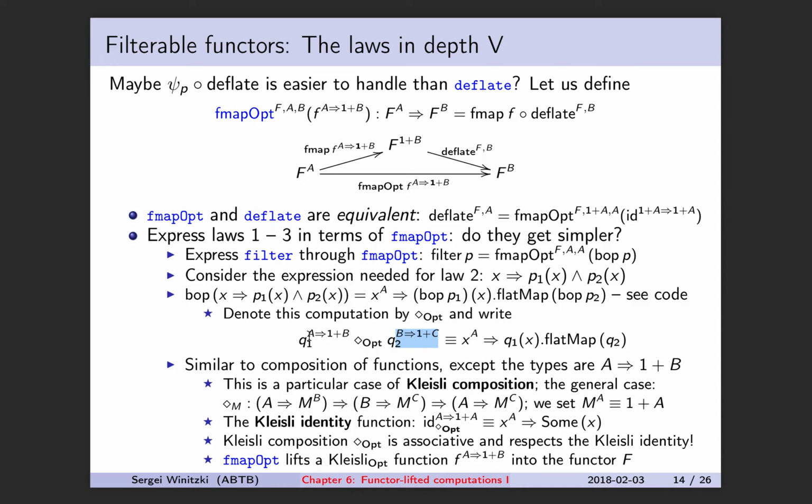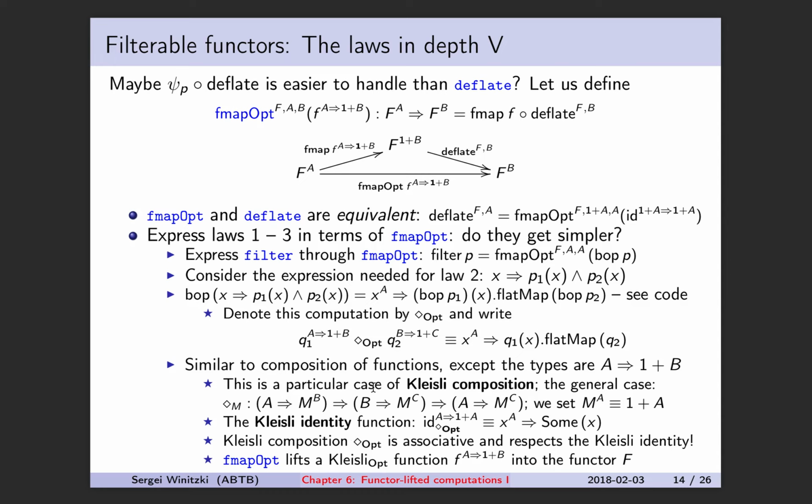Instead of A to B, it's A to 1 plus B, and instead of B to C, it's B to 1 plus C, and their composition cannot be done normally, so it's a kind of twisted composition, and I explain how that works. I call this a Kleisli composition.